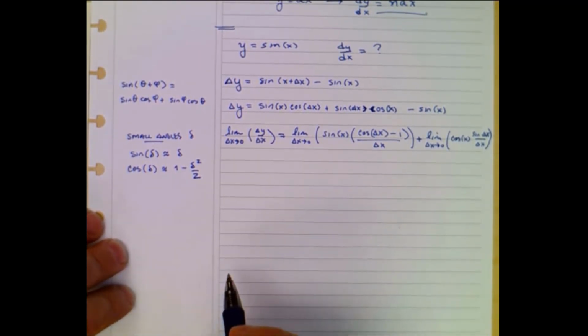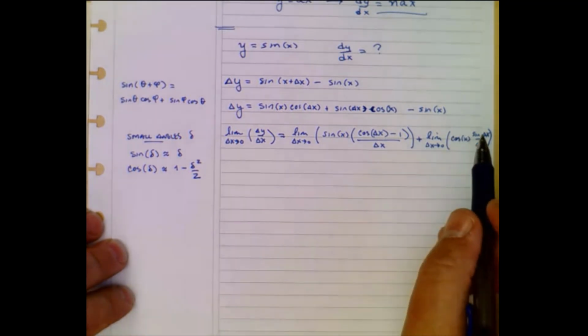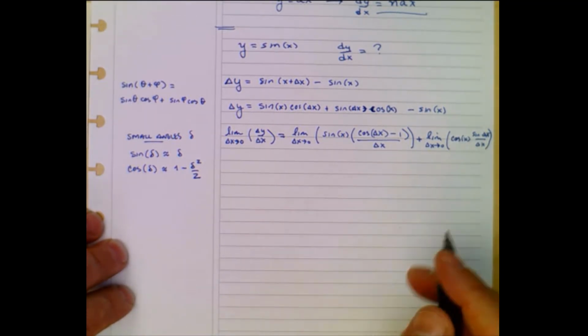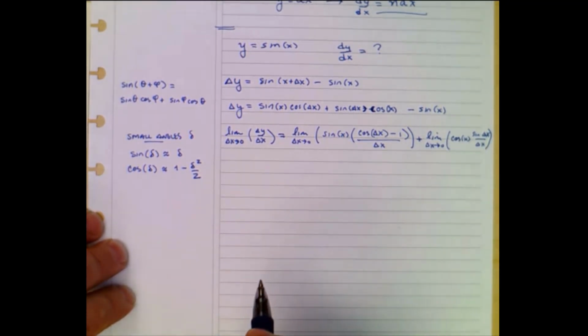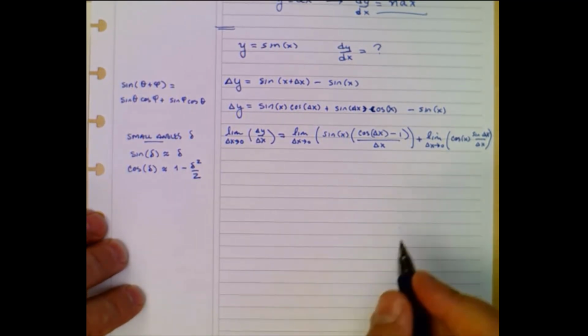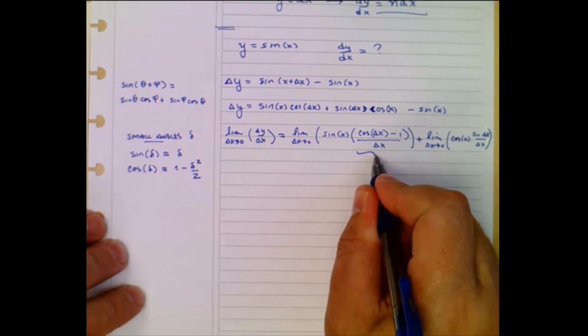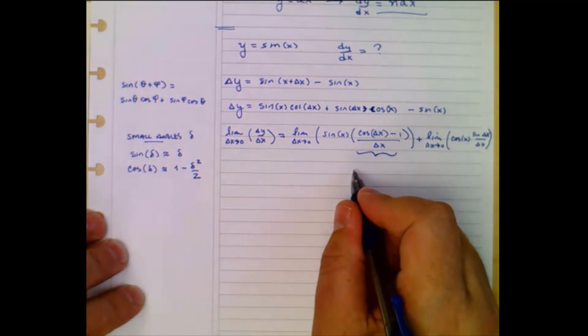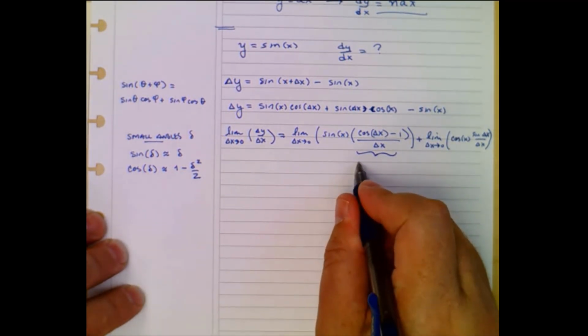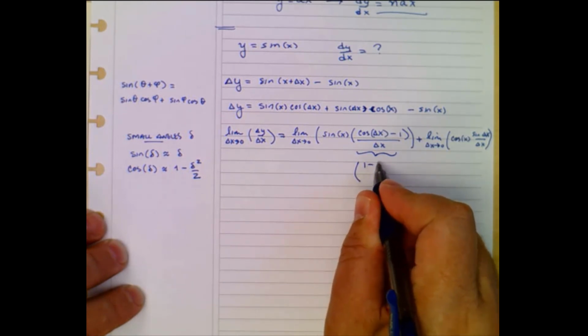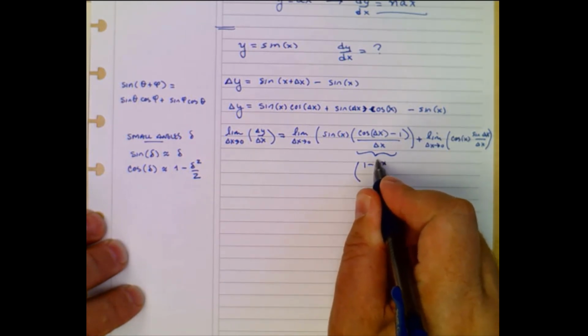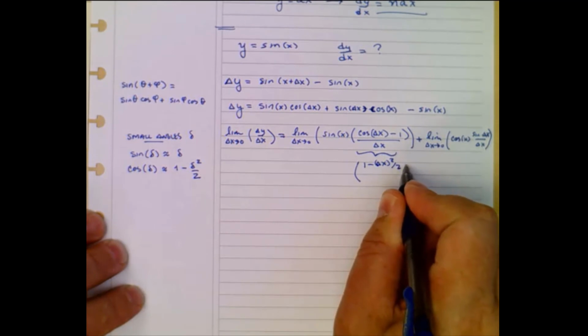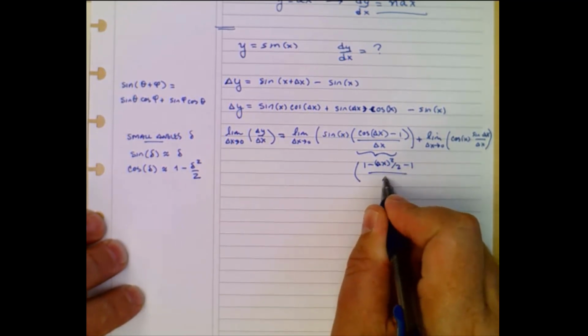All right, so in this case, sine delta x goes to delta x, and cosine delta x goes to 1 minus delta x squared over 2. So this whole term here becomes 1 minus delta x squared over 2 minus 1, all over delta x.